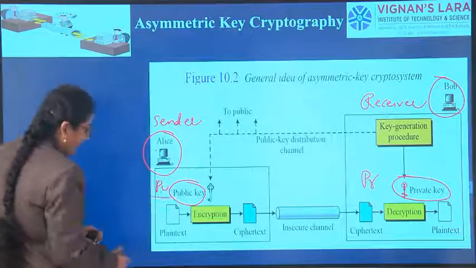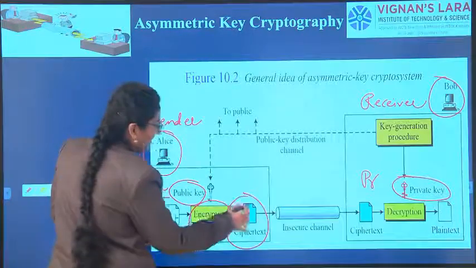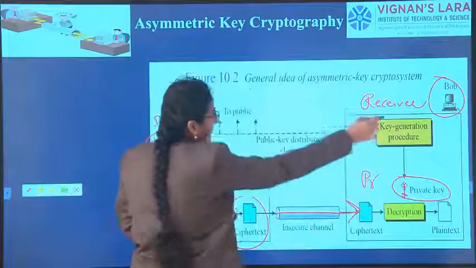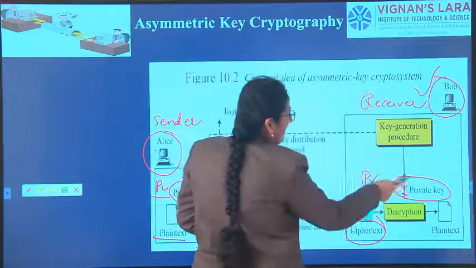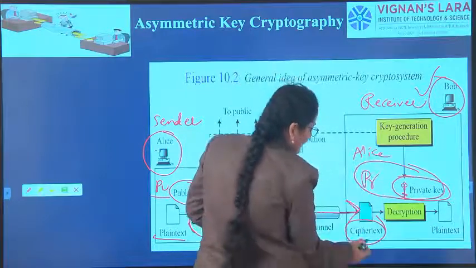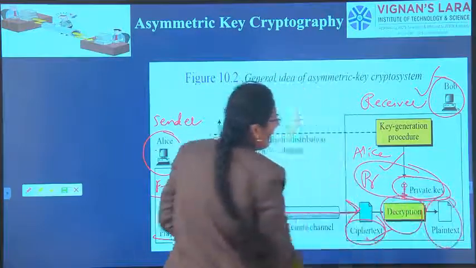Using Alice's public key, plain text is encrypted and we got cipher text. In an insecure channel, this cipher text is given to Bob. Bob will take the cipher text and the private key of Alice. Using these, he will decrypt and get the plain text.